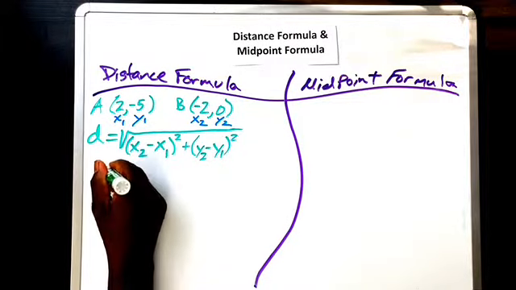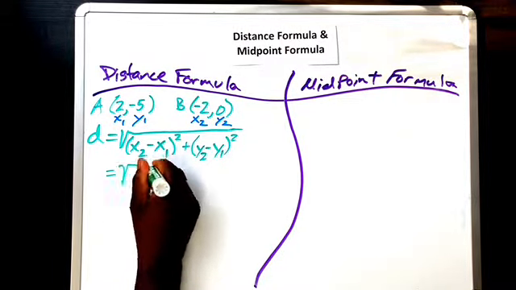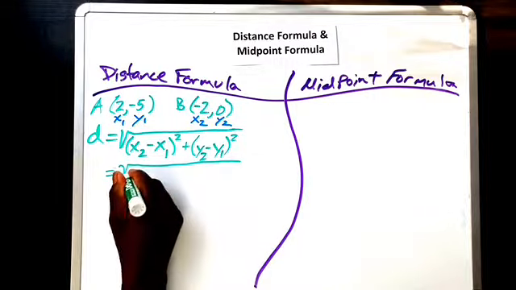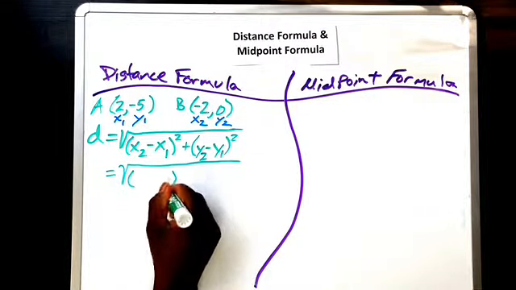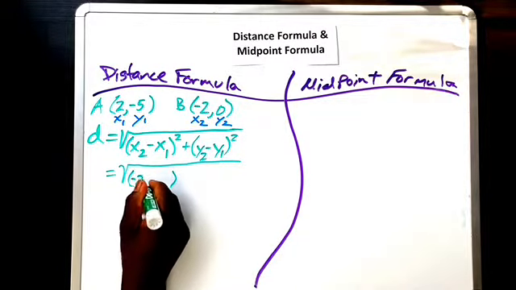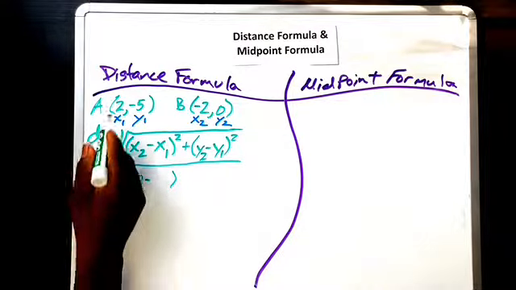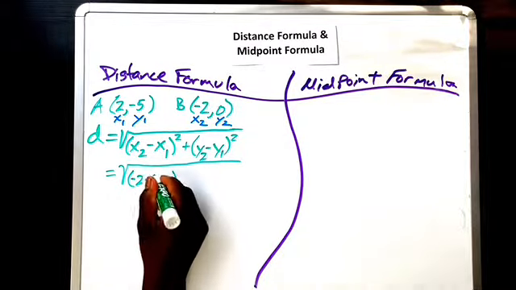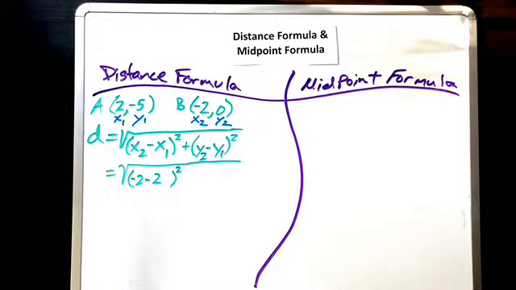So in this regard, we have equals square root of, x sub 2, in this case, which is negative 2, minus x sub 1, which is 2. And don't forget squared. Usually students will leave off that.